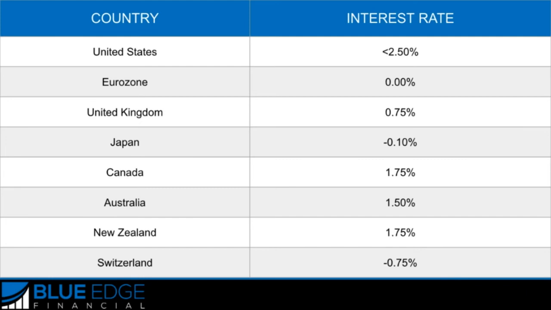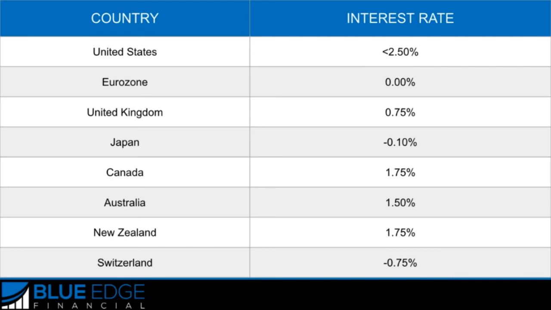So how does this work exactly? Let's say you were buying a currency with a higher interest rate than the one you were borrowing. Then the net interest rate differential will be positive. So for example, USD JPY, you can see JPY is negative 0.1% and USD can be 2.5% or less than that as well. So that would earn you interest as a result.